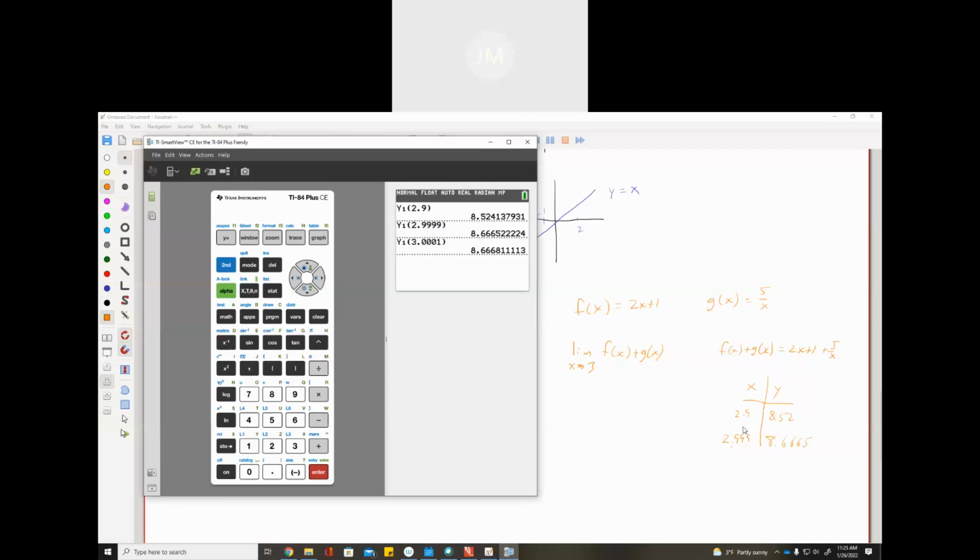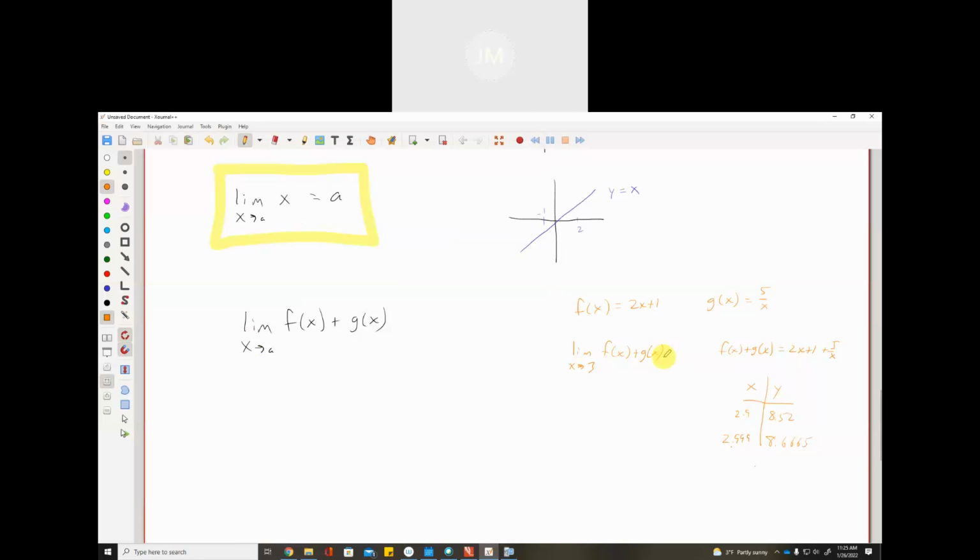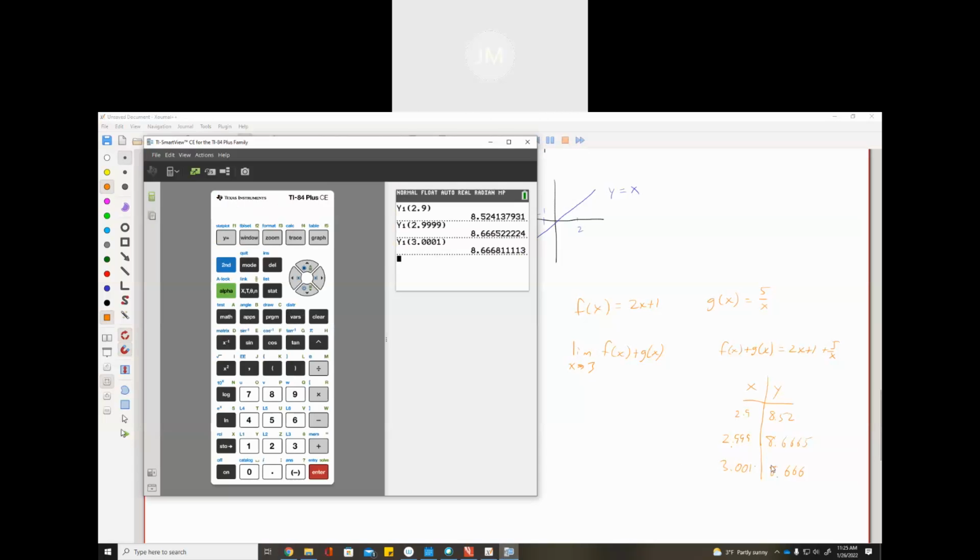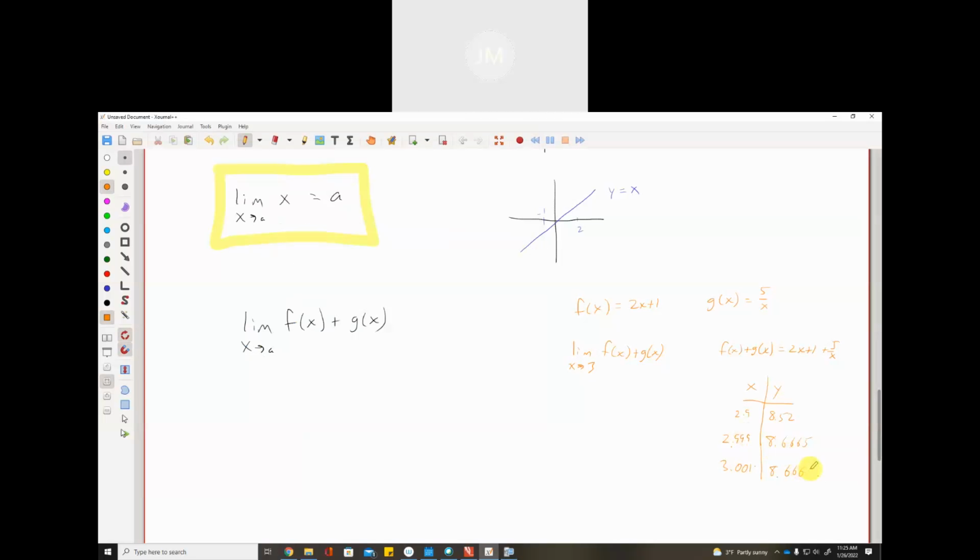I get almost the same thing, right? To 3 decimal places it is the same. The 4th decimal place changes a little bit. We get 8.666.